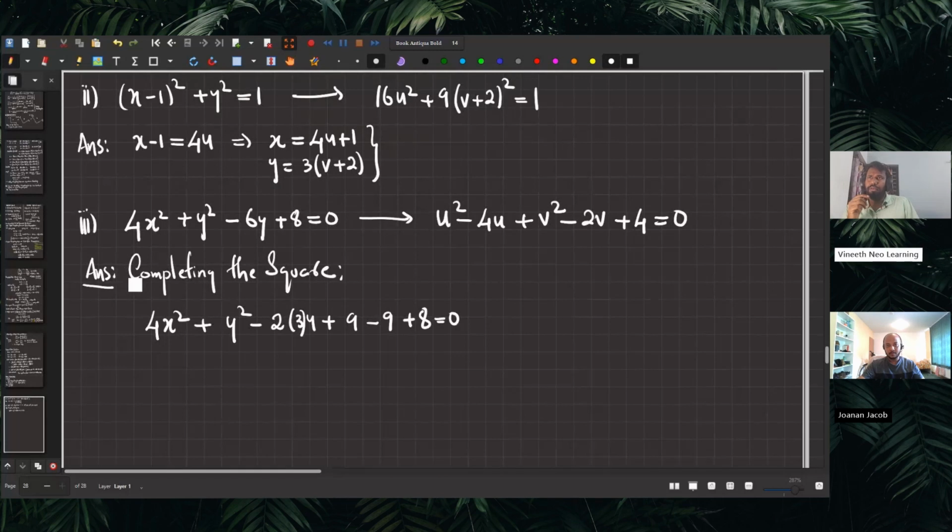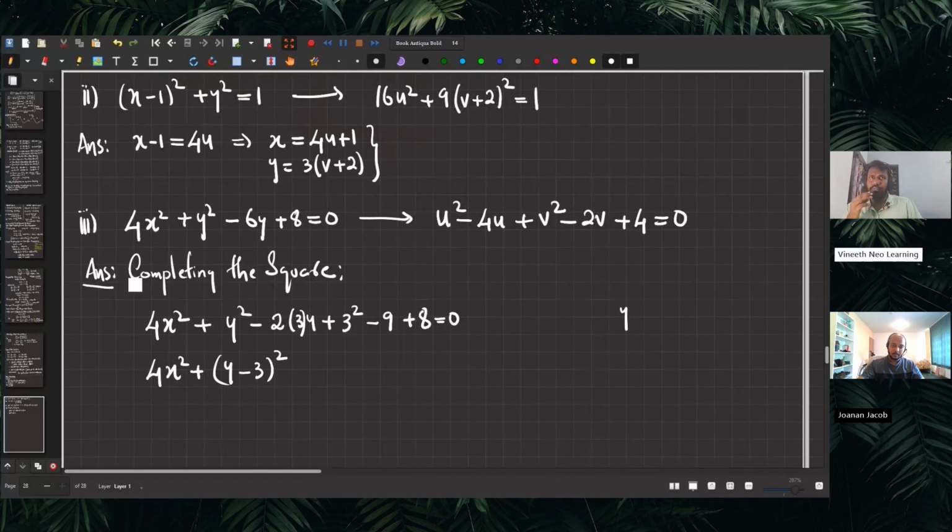Am I correct? Yes, I just wrote 8 as 9 minus 1. So this 9 becomes 3 squared, and we can write (y minus 3) whole squared.